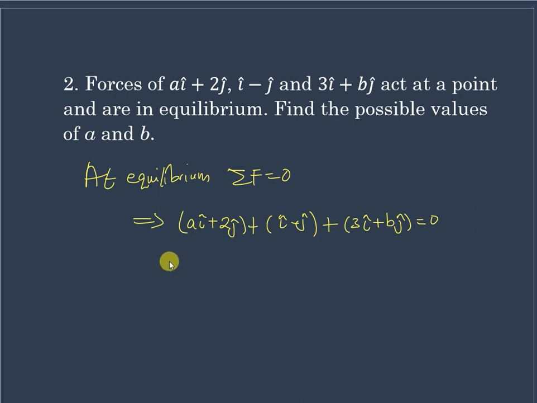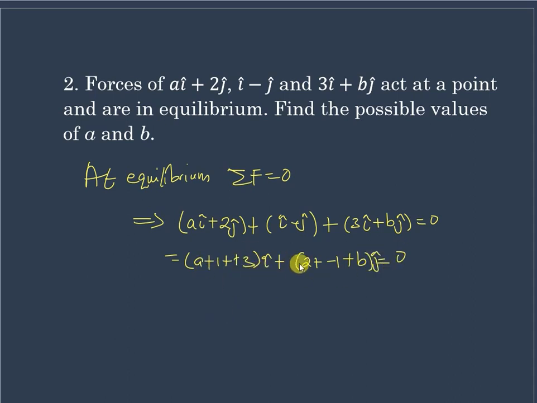This is now like the algebra of vectors, the one we did in vectors. So just look at the i's. You have a plus 1 plus 3 in the i, plus the j's, you have 2 plus negative 1 plus b in the j, and everything is equal to 0.